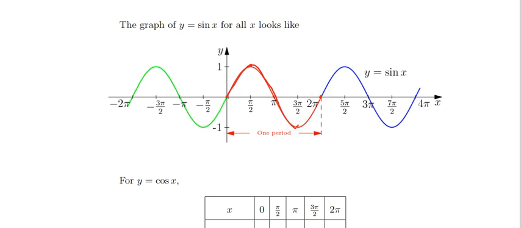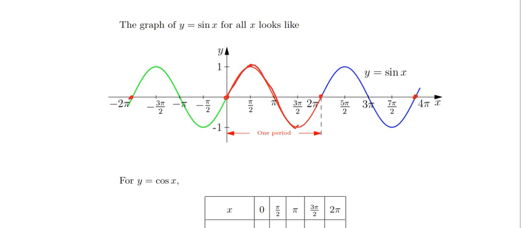So this sine graph is a periodic function, and one circle is one period. From here to here is one period, from here to here, one period, right?